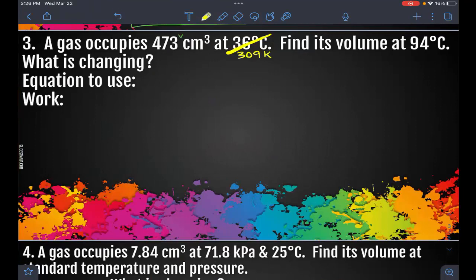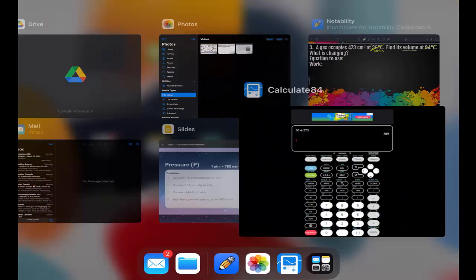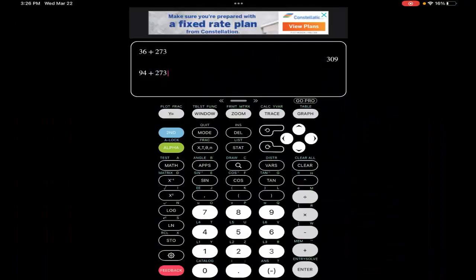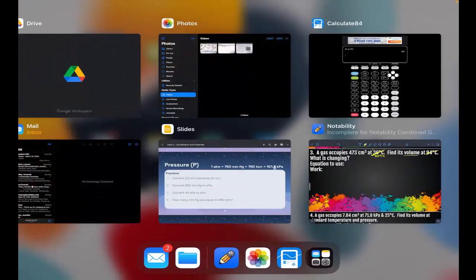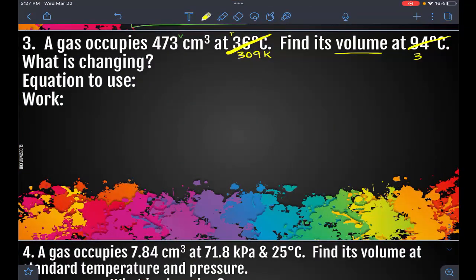All right, so we've got a starting volume and a starting temperature. Find its volume at 94 Celsius. Let's convert that to Kelvin. 94 plus 273. 367 Kelvin.